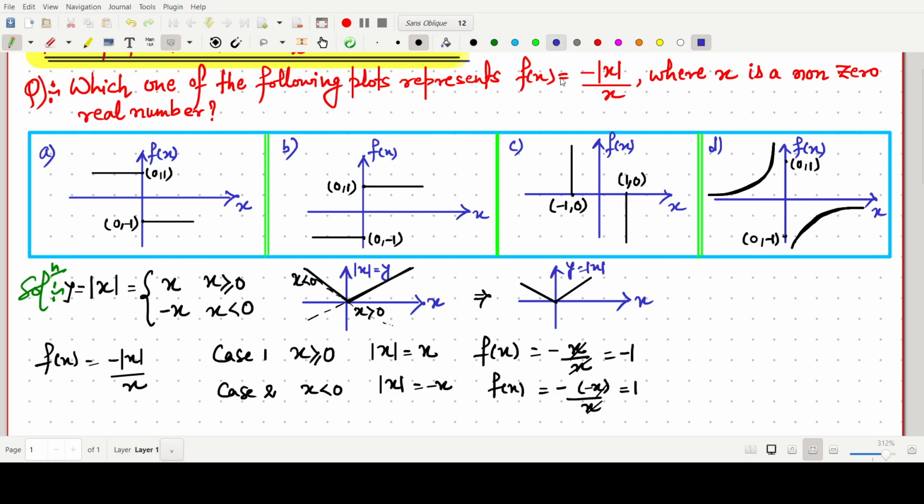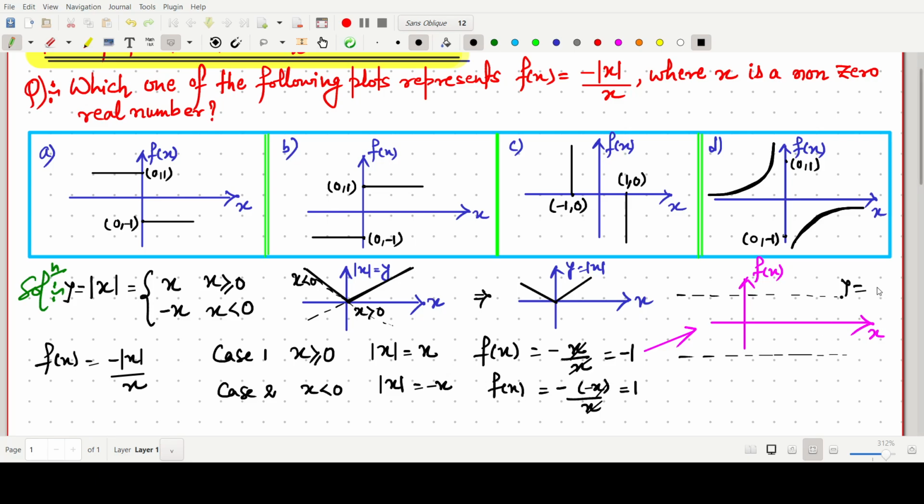So here what we have observed for this graph, f(x) is our y-axis, and the horizontal axis is x. f(x) equals 1 is simply a y equals 1 line, and f(x) equals minus 1 is simply a y equals minus 1 line.